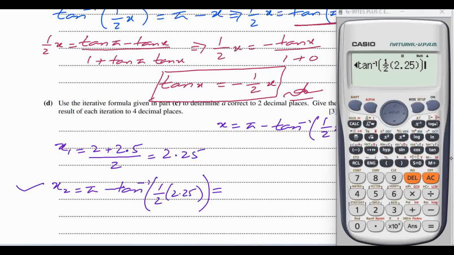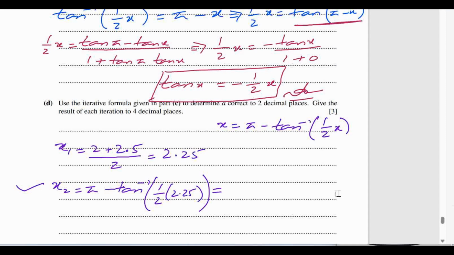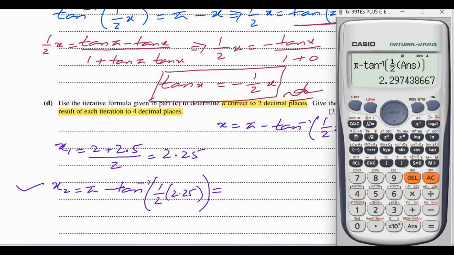We have to be very careful about this: instead of 2.25 we have to write the answer. So this will be equal to 2.2974. Here you can see we cannot ignore that the result of each iteration should be to 4 decimal places, and the final answer should be correct to 2 decimal places.